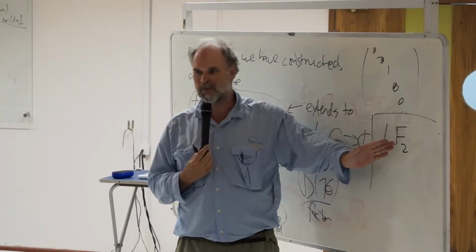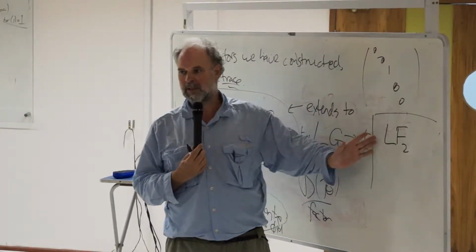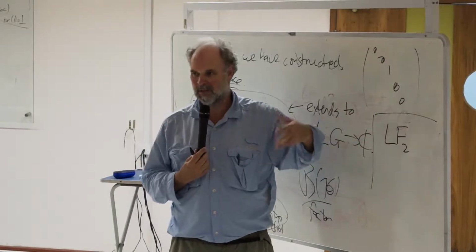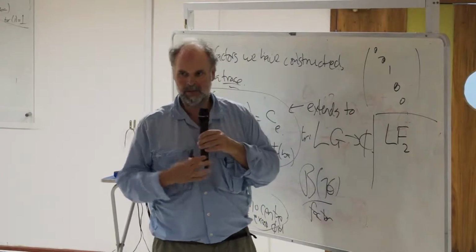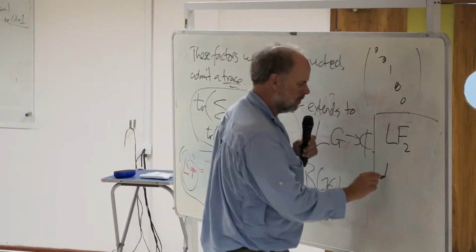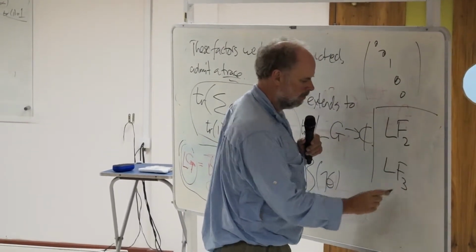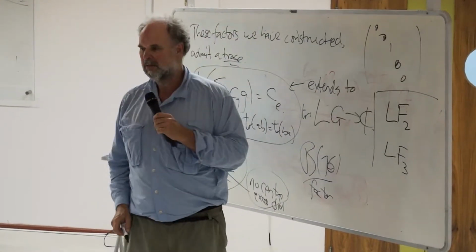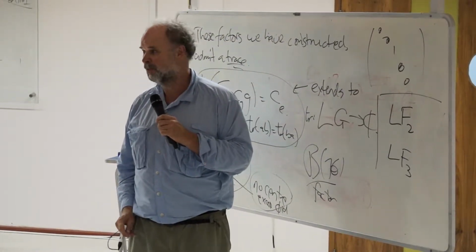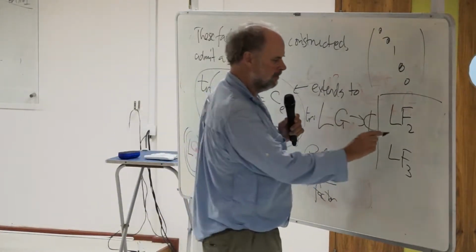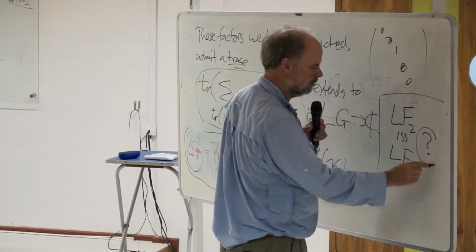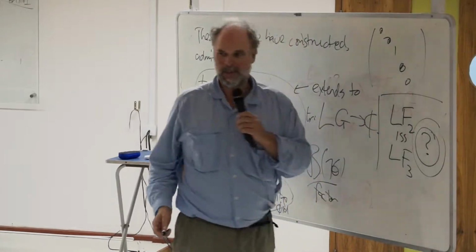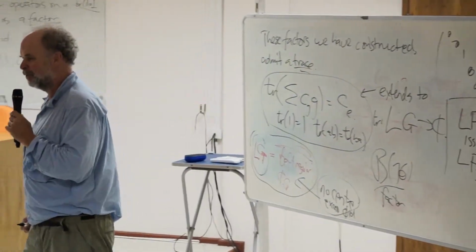If you take the free group on 2 generators, and we take the L of F2, so this is the group algebra completed, acting on little l2, and then take the closure. And then you can do the same thing with L of F3. So the question is, are they isomorphic? So that, my friends, is a major open problem.